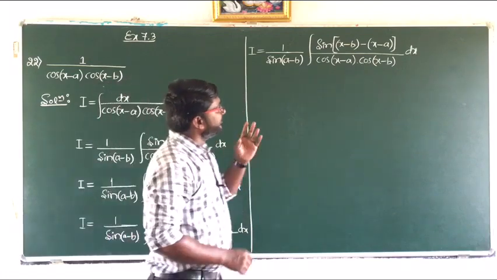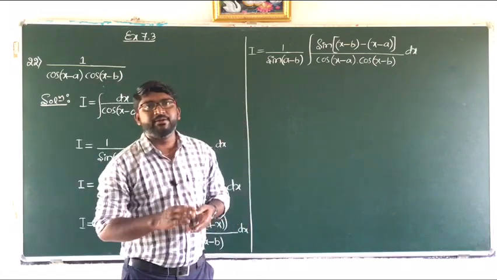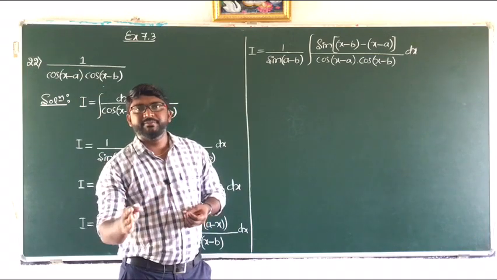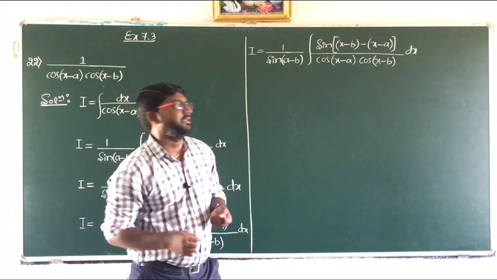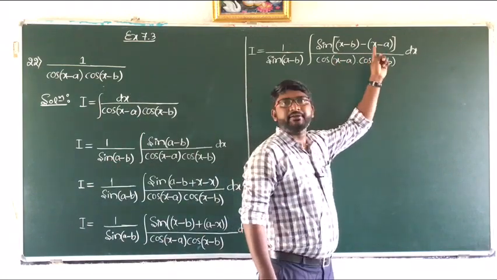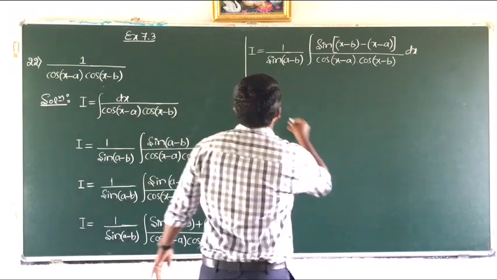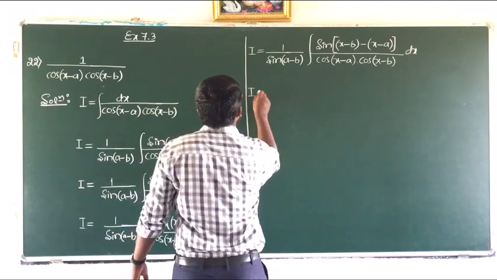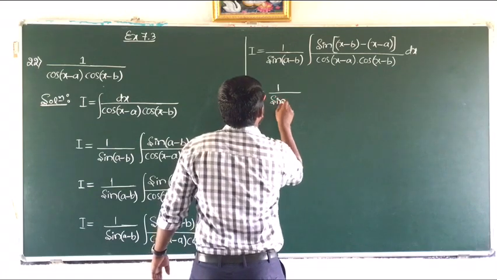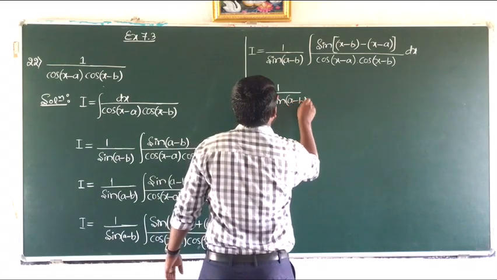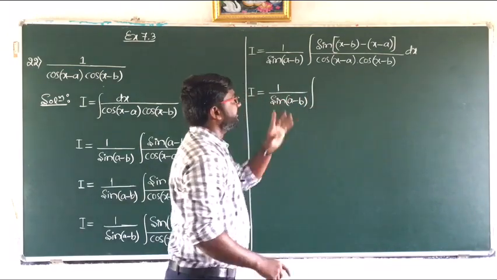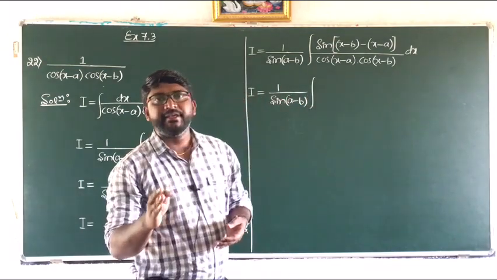Now the numerator is in the form of sin of (a minus b). What is sin of (a minus b)? It is sin a cos b minus cos a sin b. Here a is (x minus b) and b is (x minus a). So I is equal to 1 divided by sin of (a minus b), write it as it is, then integral. In the numerator we apply the formula of sin of (a minus b).